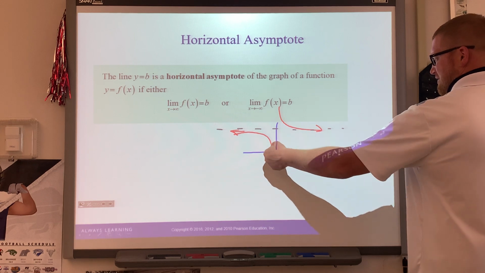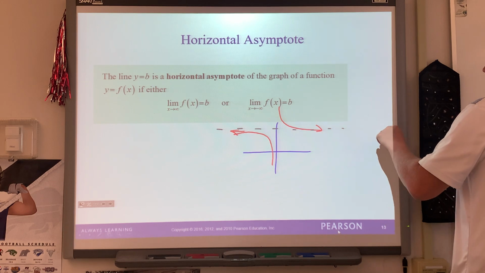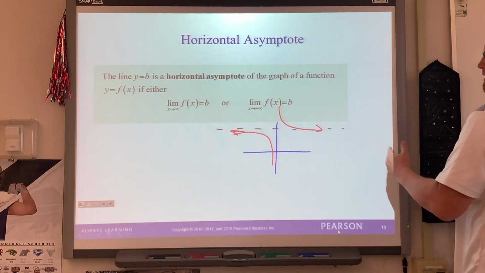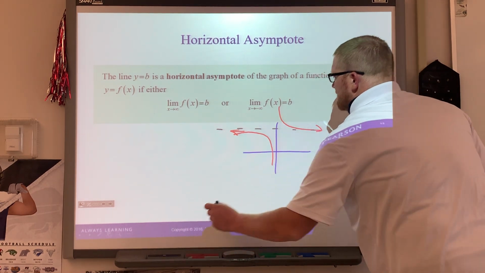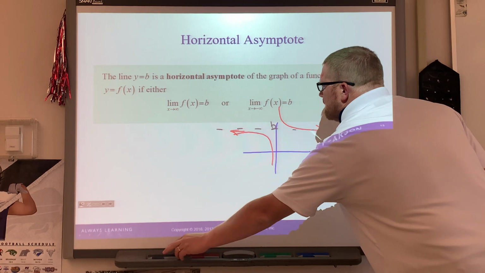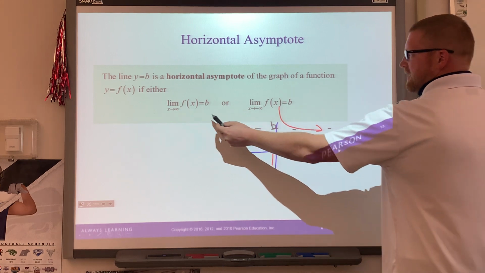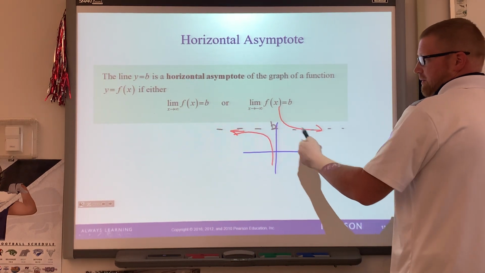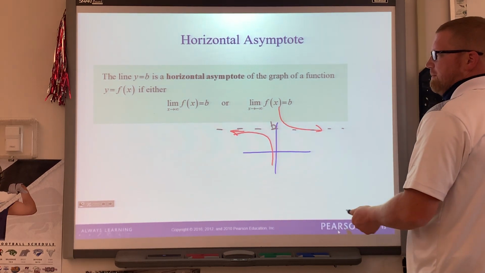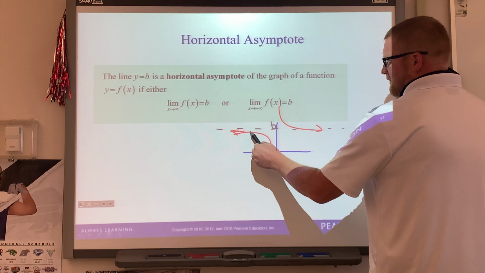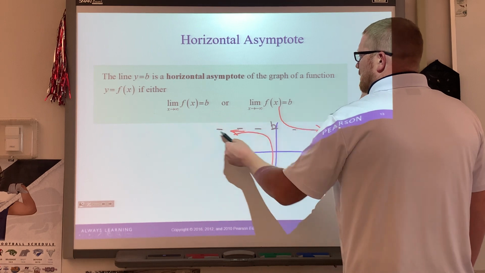The limit as x approaches positive infinity, as I follow this graph, as x gets really big, far to the right, what is the function value approaching? The function value maybe is approaching this value of b. So as x approaches positive infinity, we see that it equals b. Well, it also exists in this function that I've drawn here. It doesn't have to, but in this specific example, if I follow x on this function as x gets further and further negative, further to the left, what is this function doing?